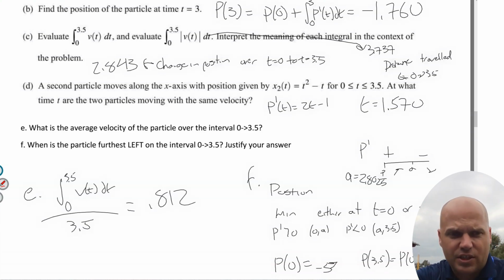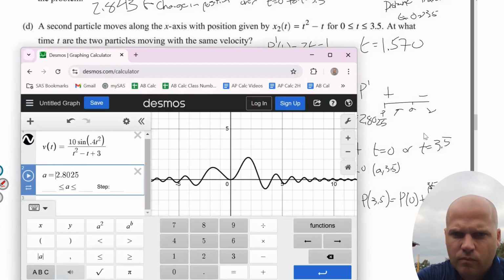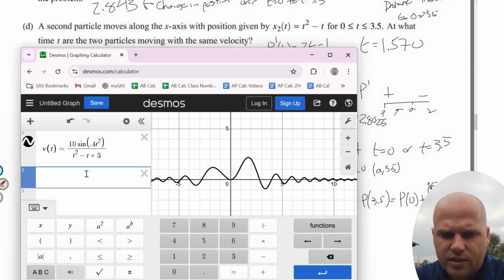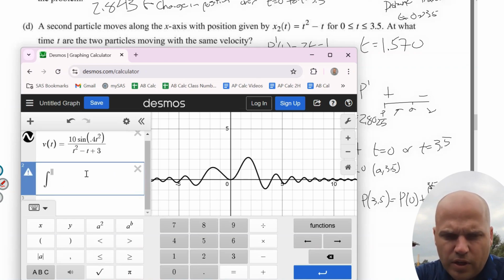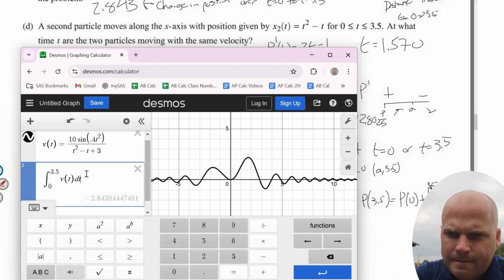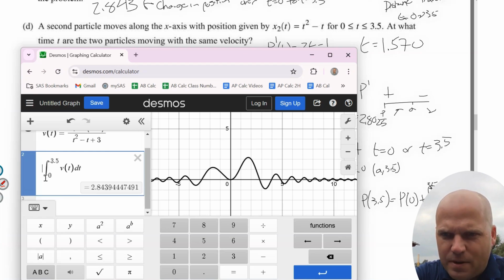Many of you need to practice this. So I just need to integrate, accumulate my velocity, and take -5 and add. I can see my displacement is 2.84.